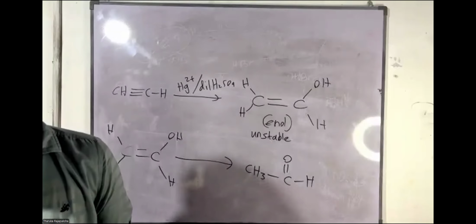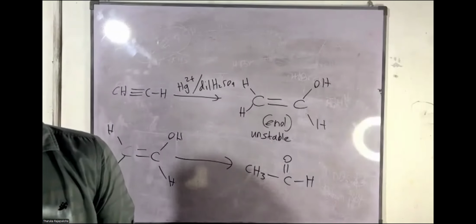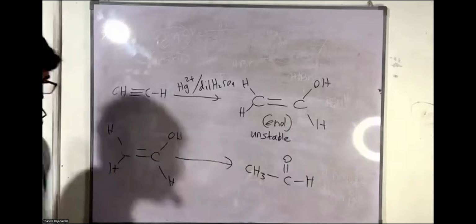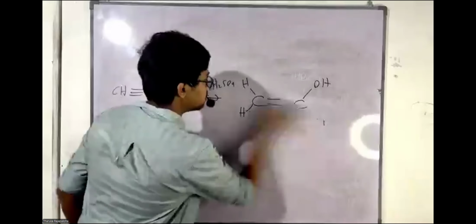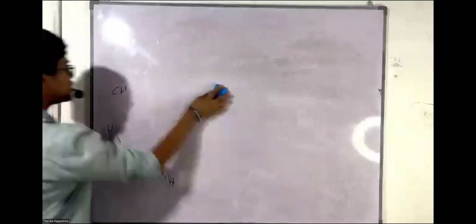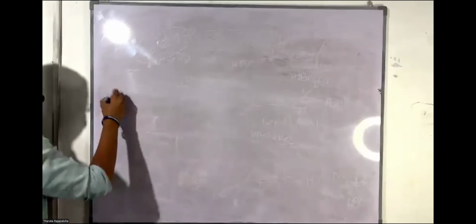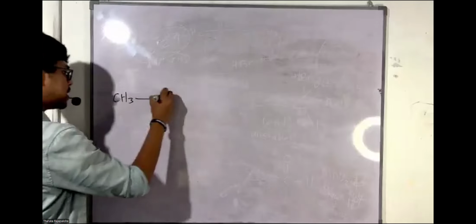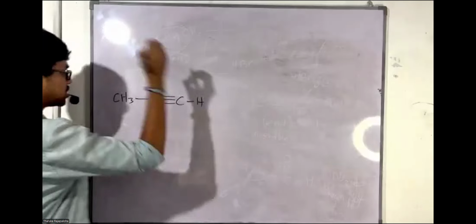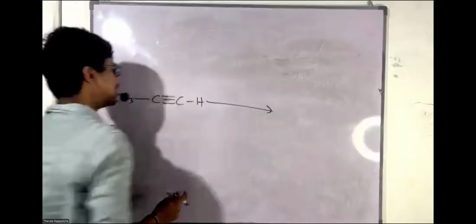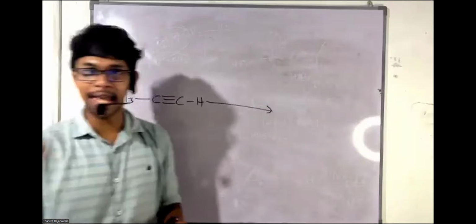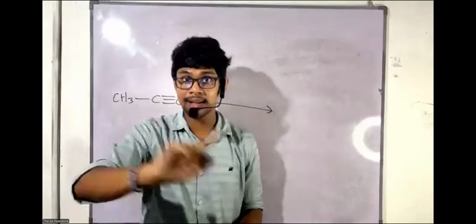Addition of water to alkynes takes place according to the Markovnikov rule, as shown by the reaction of propyne. So let's write another reaction. For example, CH3, C triple bond C, H. Can you remember alkene hydration?